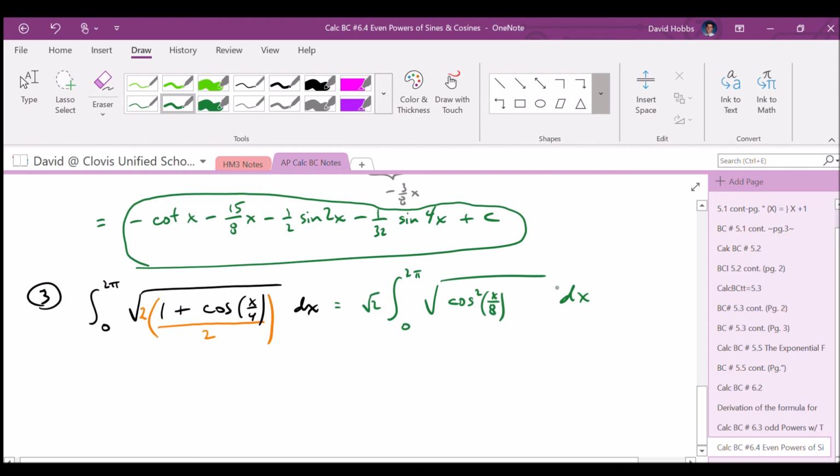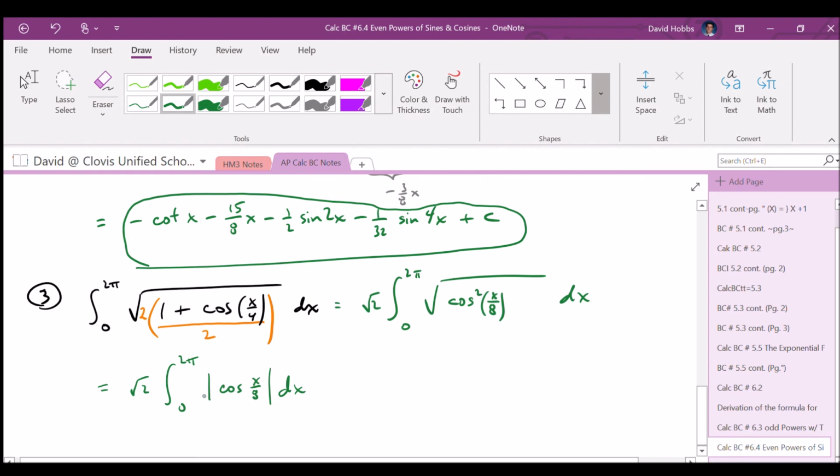Okay, so now what's the square root of cosine squared of an angle? Well, it's the absolute value of cosine of the angle. So this is root 2, 0 to 2 pi, absolute value, cosine of the angle, dx.